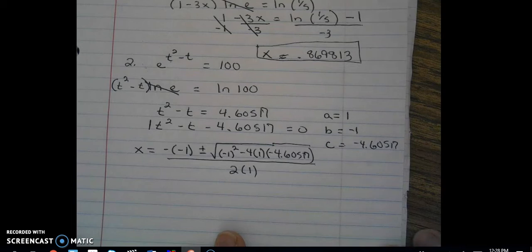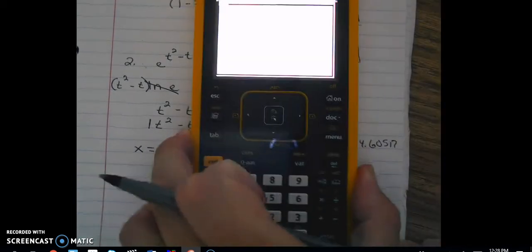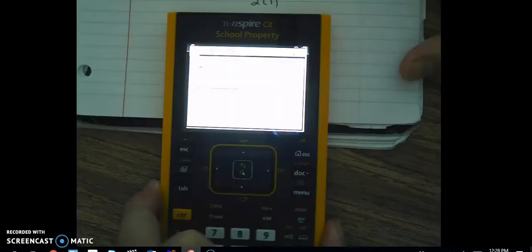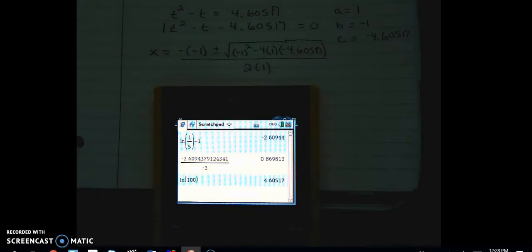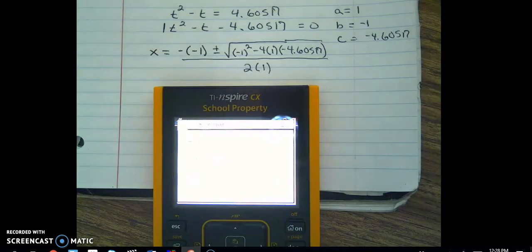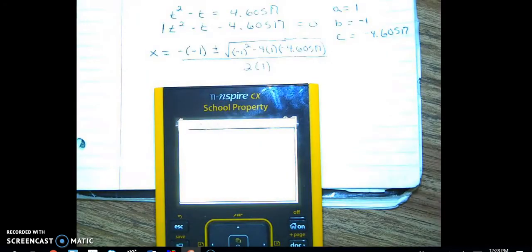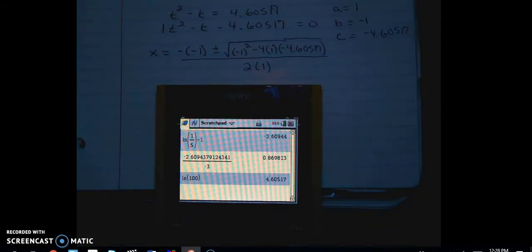Okay, so let's plug this into our calculator. It would be nice if it would stay in focus, but little by little it leaves focus here.